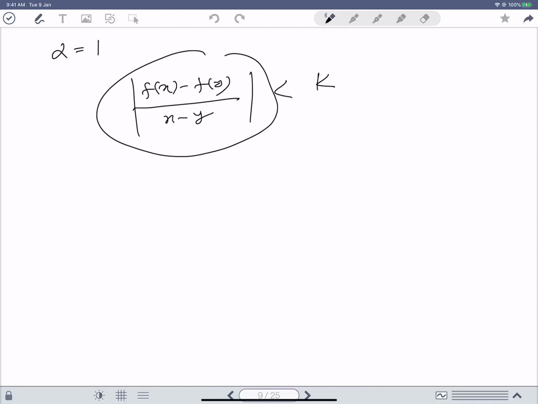But if you have alpha bigger than 1, then you have some |x minus y| to the power alpha minus 1. Now, in this case, if you take the limit as x tends to y, then f dash y will be equal to 0, right, because that term converges to 0.